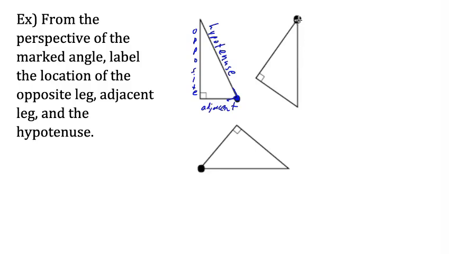Now in this next triangle, the hypotenuse is the hypotenuse. I'm going to go ahead and abbreviate that as HYP for hypotenuse. Now from the perspective of this angle, the opposite leg is on the opposite side of the triangle. So there's our opposite leg. And the adjacent leg is right there touching the angle that we're using.